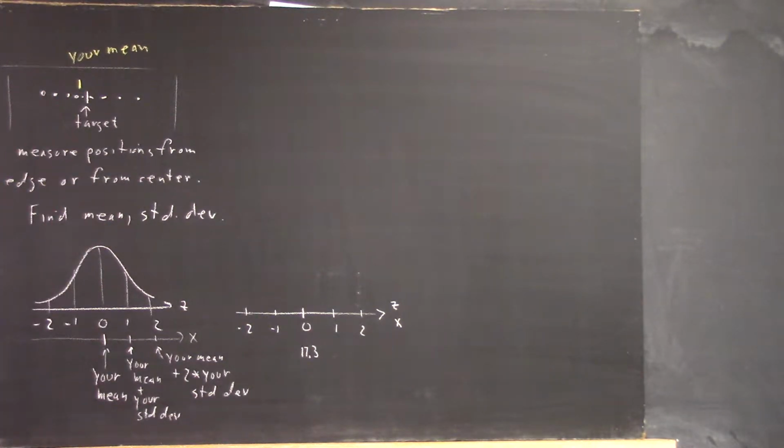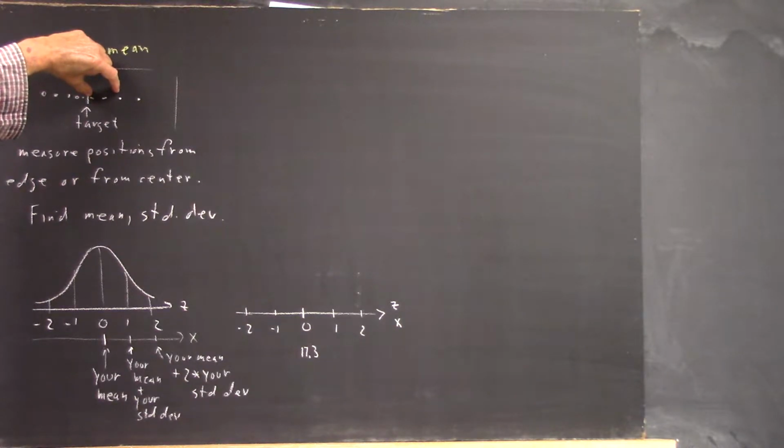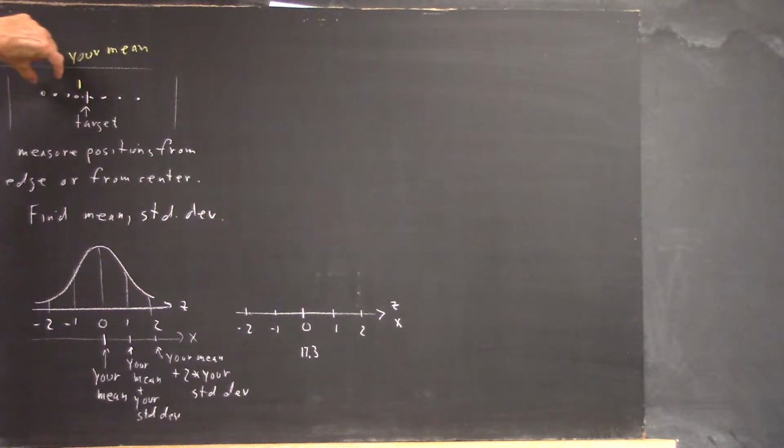Okay? And if your standard deviation, now your standard deviations here, if this is the extent of your pattern, your standard deviation would probably be about this. Okay? So if that's 17 centimeters, this is maybe 8 centimeters. Okay? Let's just say your standard deviation is 8 centimeters.